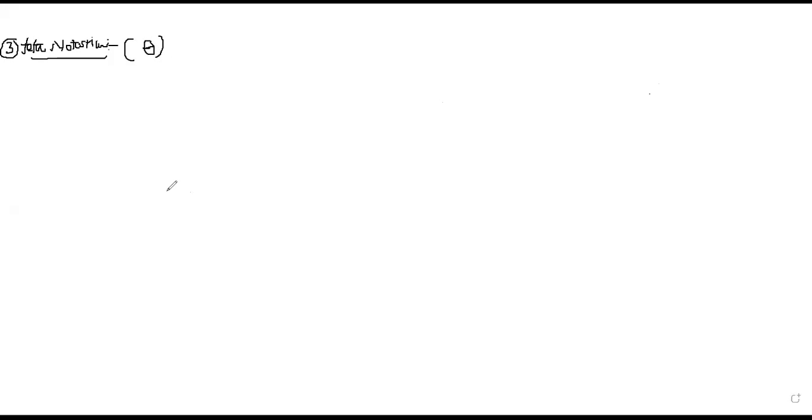Today we are going to discuss the third type of notation, which is called theta notation. This is a representation of theta. Sometimes this is also called best case in terms of time complexity.